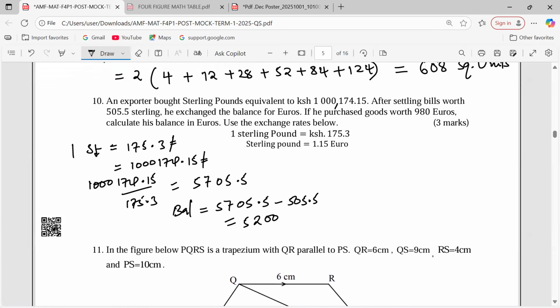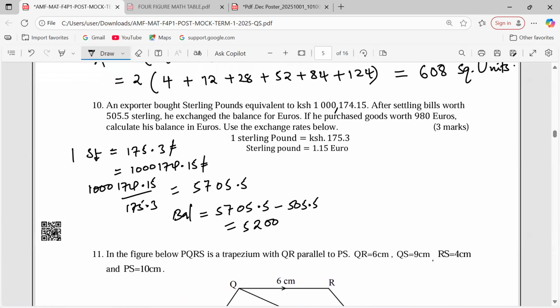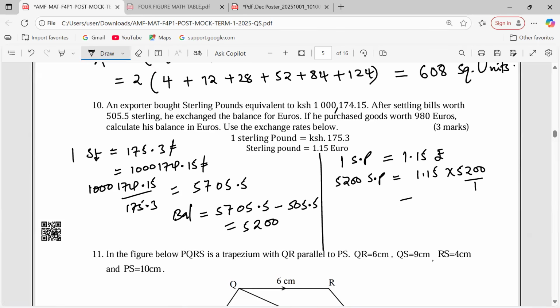Then after this now, we are converting to euros now, whereby we are saying 1 sterling pound equals to 1.15 euros. What about 5200 sterling pounds? It shall be 1.15 times 5200. This gives us 5980 euros.